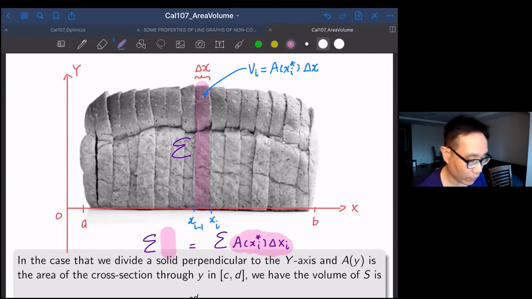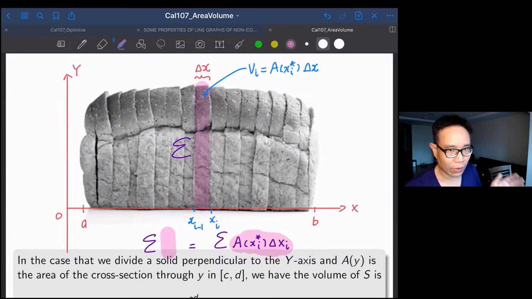So this is the idea. Now when you look at a loaf of bread like this, if you'd like to compute the volume of the whole loaf, you just compute the volume of each slice and then sum them up, and you obtain the volume of the whole loaf of bread.